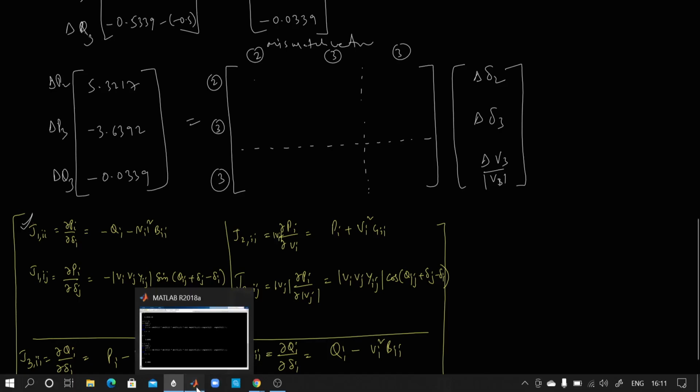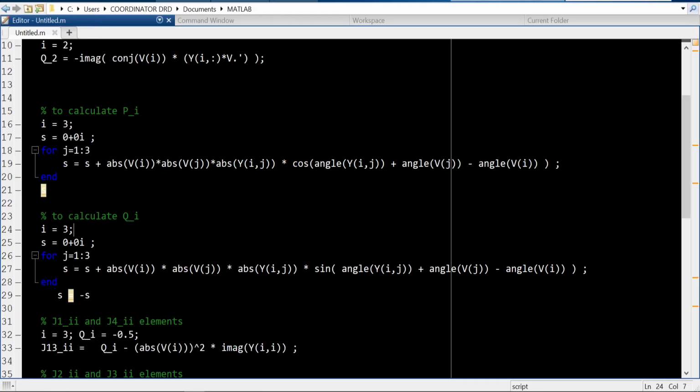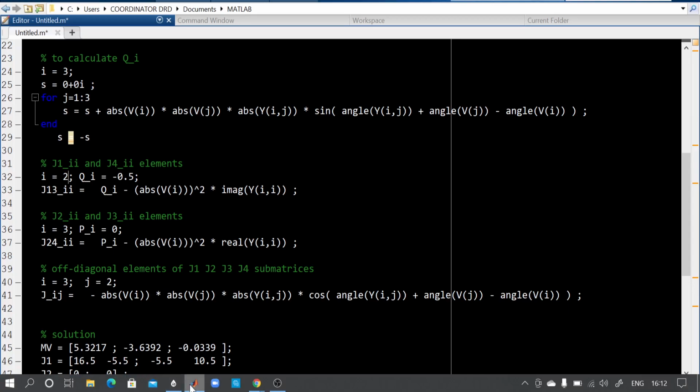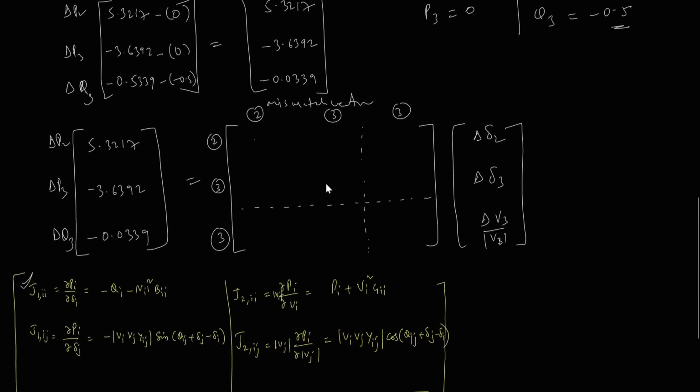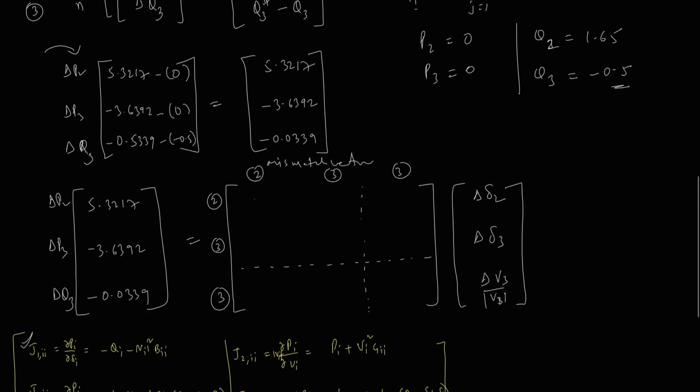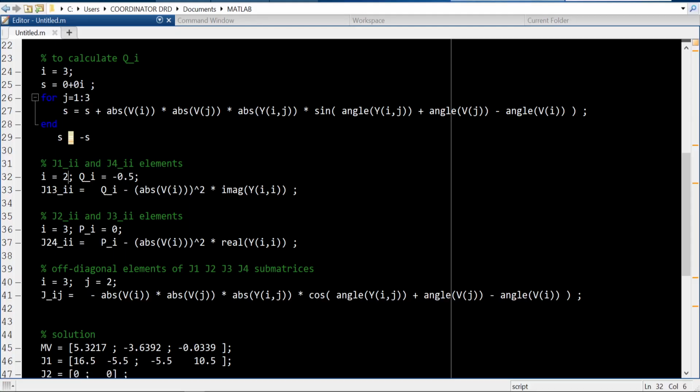So here I is equal to 2, and Qi, that is Q2, because I have to give the Q2 value explicitly. Because this equation requires Q2, my Q2 is 1.16.